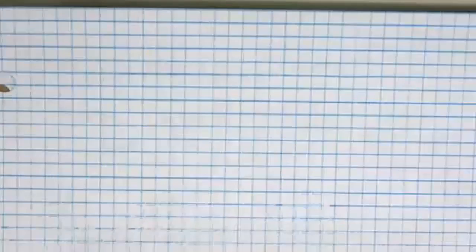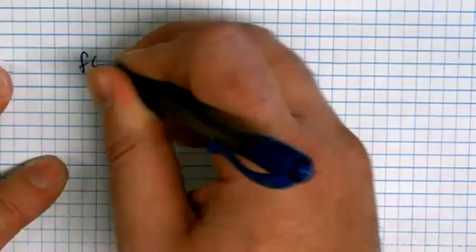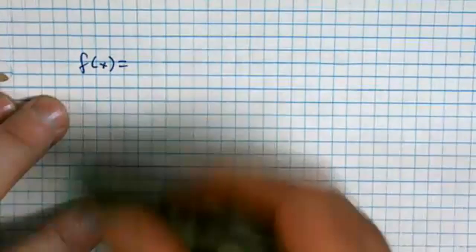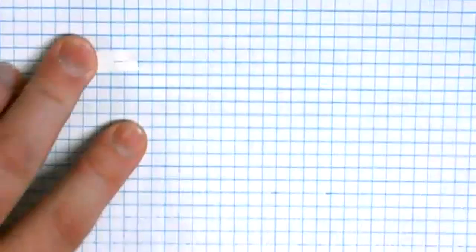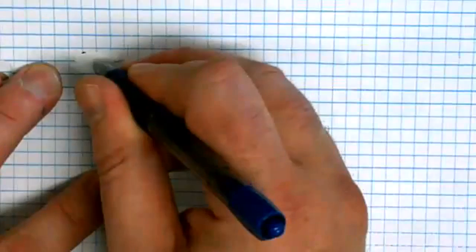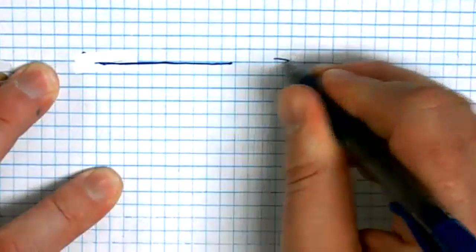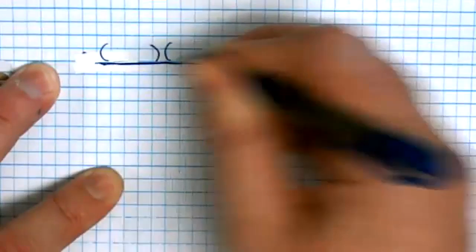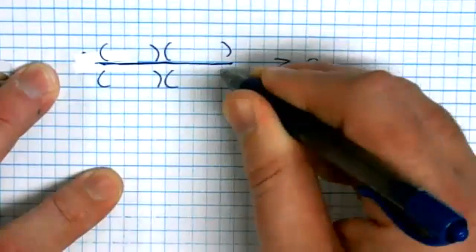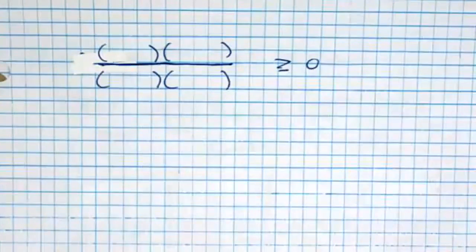Yeah, let's do this. All right. We'll start out with a function again, and then we'll turn it into a... You know what? No, let's not. Let's go ahead and make this look like it's going to look in your homework. So we'll start off with greater than or equal to 0. Let's draw our fraction bar. And I need 4 factors this time. So someone give me a factor for my numerator.